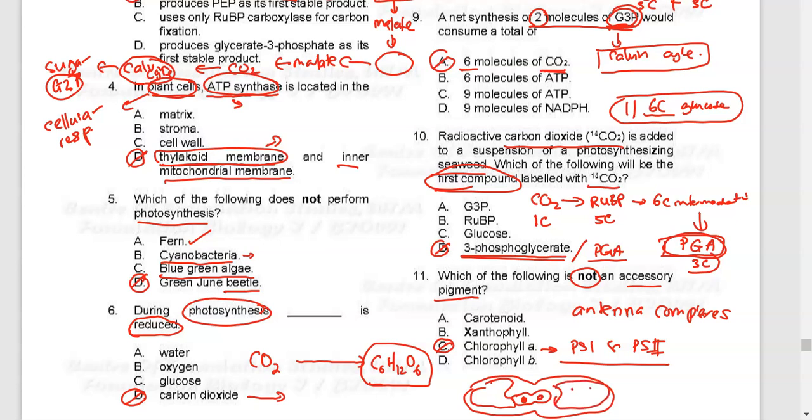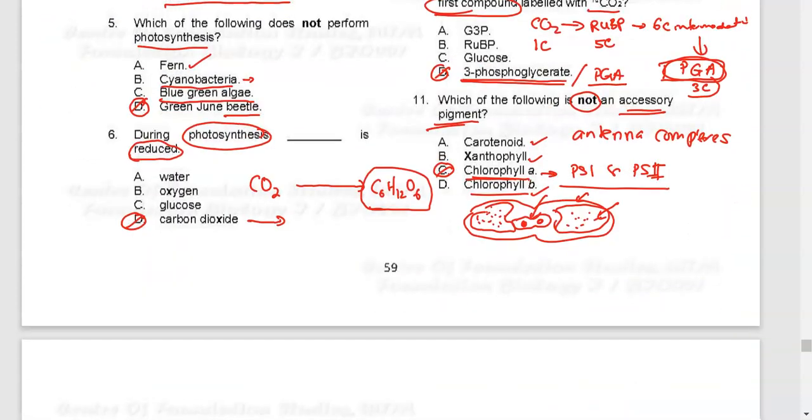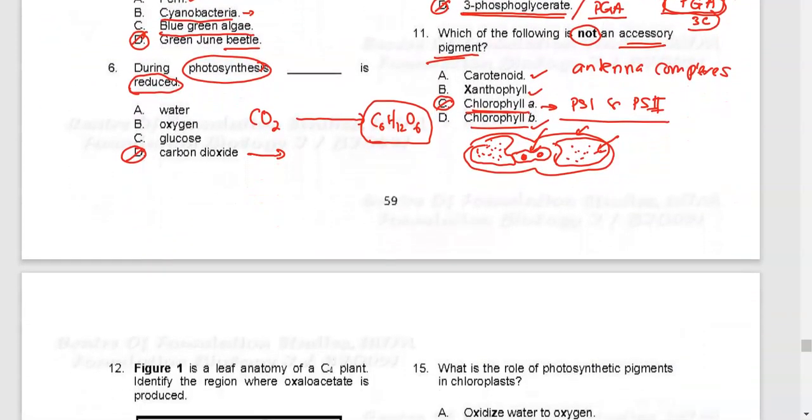These antenna complexes consist of many accessory pigments such as carotenoids, xanthophyll, chlorophyll B, and you can also find chlorophyll A at the antenna complexes. So basically the photosystem has 2 major regions. One is the antenna complexes, the other one is the reaction center.